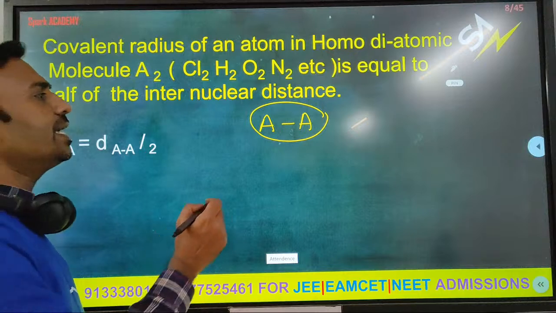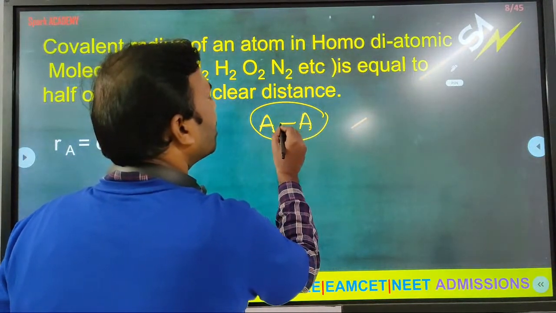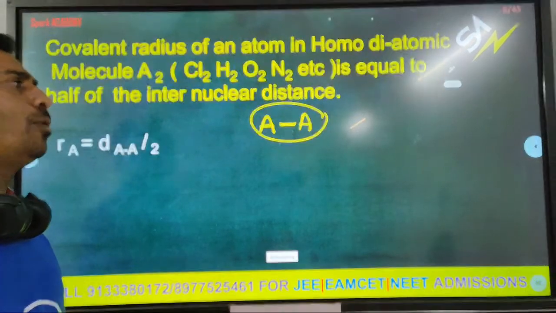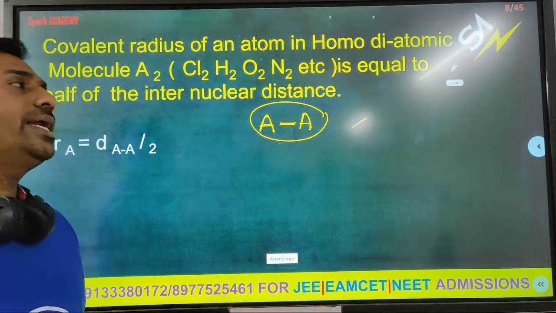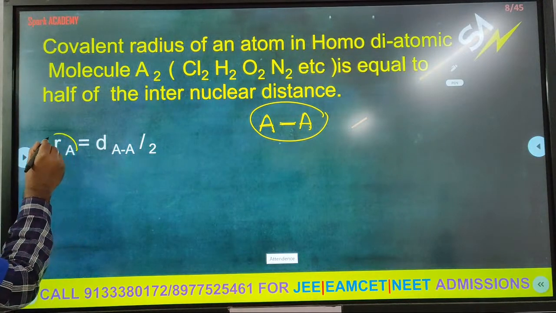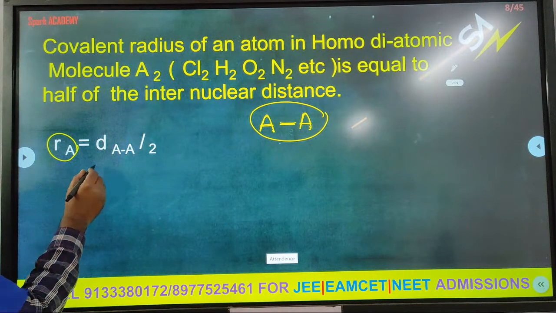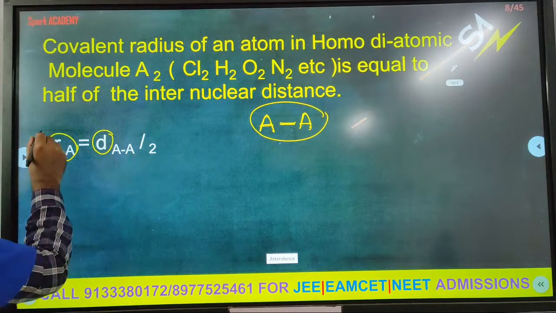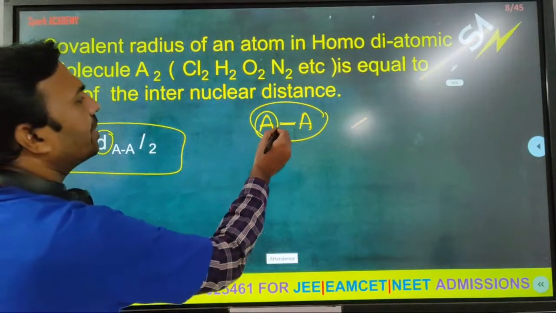For example, here A and A are held by one covalent bond. The covalent radius of the A atom in the A2 molecule is equal to the distance A-A divided by 2. With this formula, we get the radius of one atom.